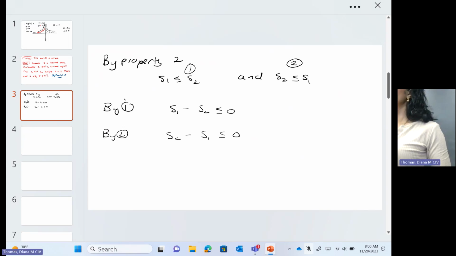This is just high school algebra, not high school anymore, 5th grade, 6th grade, I don't know where you learn this. Linear inequalities. You can subtract S2 from both sides. So S1 minus S2 is less or equal to 0, and 2 says that S2 minus S1 is less or equal to 0. But I can multiply 2 by -1.